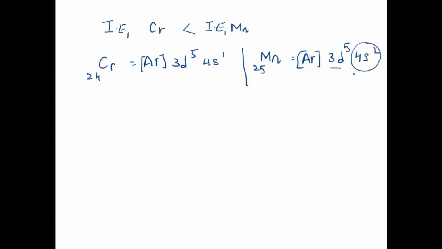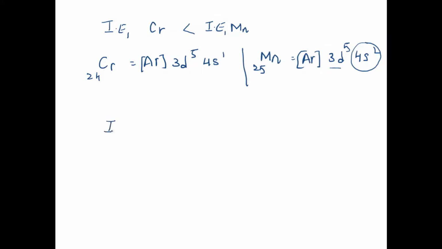So manganese does not want to easily lose its electron and become unstable. Due to the extra stability of the completely filled s orbital and the half-filled d orbital, the first ionization energy of manganese is definitely greater than the first ionization energy of chromium.